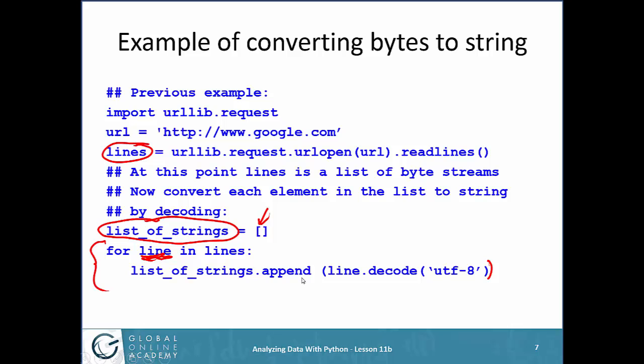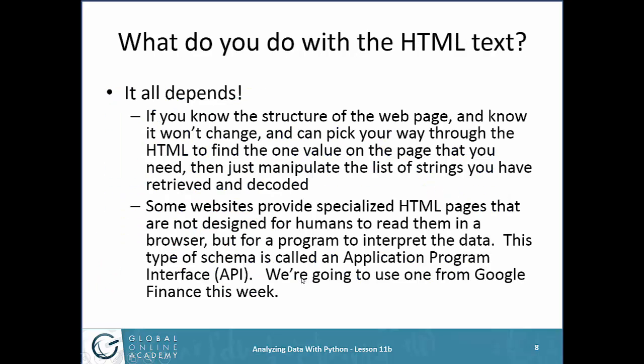And we know how to work with string variables. So, what are we going to do with these string variables? What are we going to do with the HTML text? The answer, not very satisfyingly, is it all depends. If you know the structure of the web page, and you know it won't change from the time you wrote your program till the time somebody's running the program, and you can pick your way through all of that HTML, maybe to find the one value on that page that you need. Maybe you're trying to go through a bunch of websites to find the best price on buying a video game that you're interested in.